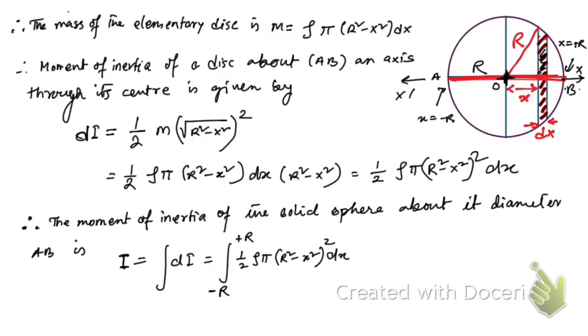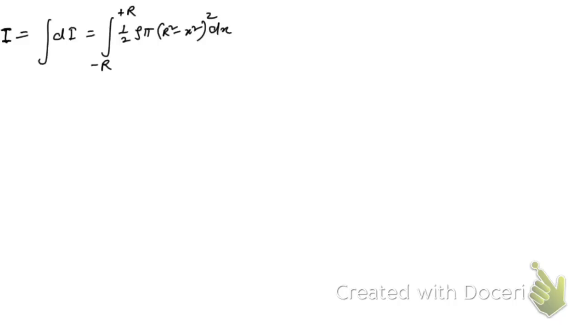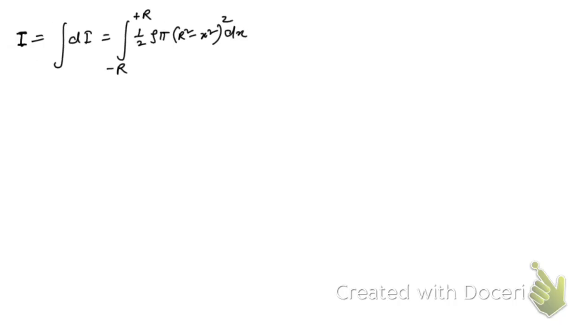Now let me take a new slide and copy the last line. In integration you must have come across this property: the integration from minus a to plus a of f(x) dx can also be written as 2 into the integration from 0 to a of f(x) dx.